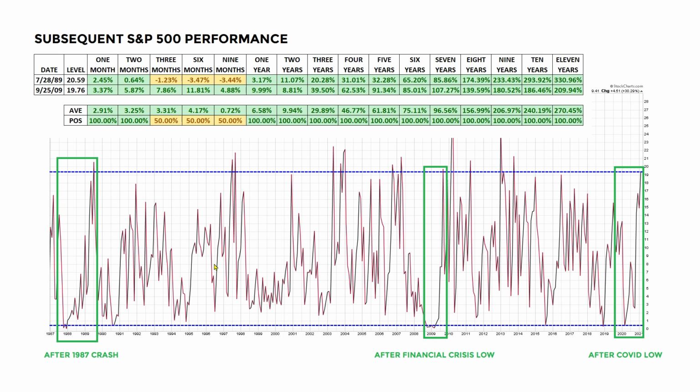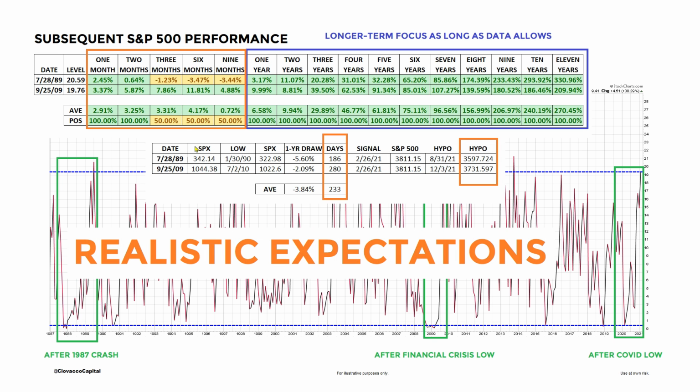If you know your market history, anything that happened after the 1987 crash from a long-term perspective is bullish. Anything that happened after the financial crisis low is bullish. And yet, it doesn't mean the stock market went straight up or went up every single day.